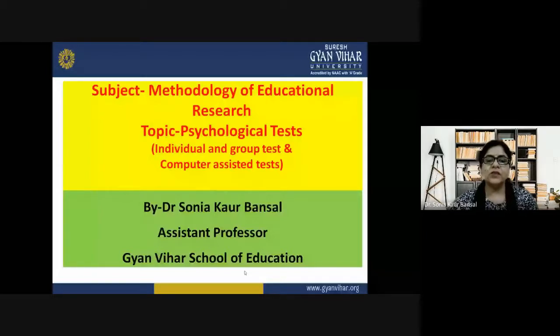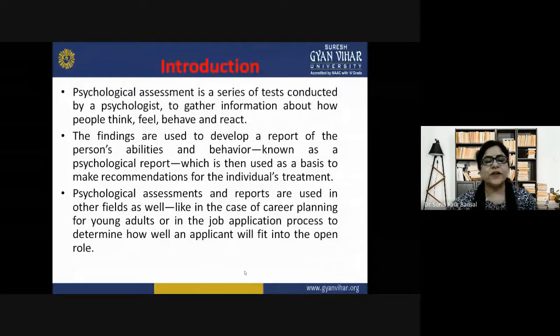So first of all, the introduction to psychological testing or assessment. Just try to understand, students, that psychological assessment is a series of tests. It's not that on the spot you are doing something. It also cannot be done by just any person or whosoever wishes.